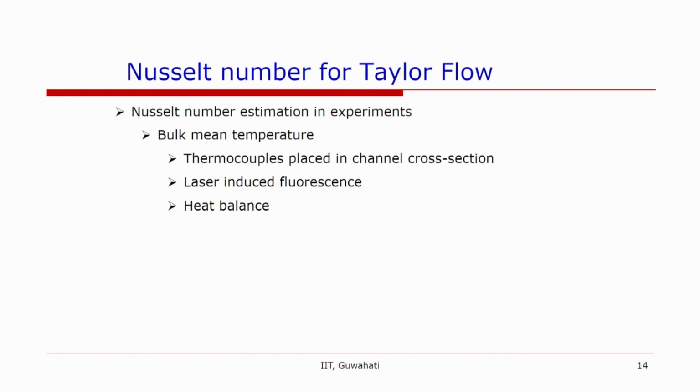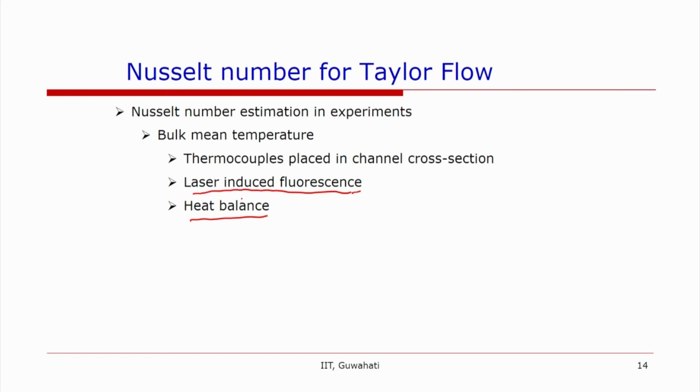Now, this is what we have described, just that the bulk mean temperature can be obtained by a heat balance, but it is difficult to measure it. However, recently a technique using laser induced fluorescence has been used, where the particles which follow the flow faithfully are coated with a fluorescent material which is temperature sensitive, which gives temperature sensitive fluorescence.